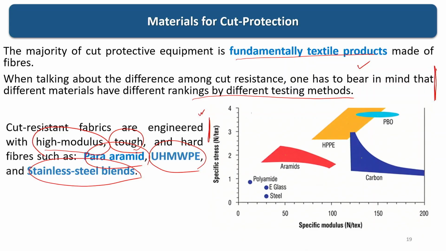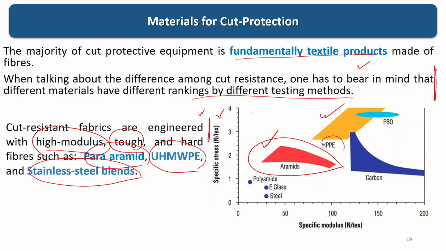Now, if you see the properties, the specific stress of different types of materials, aramid fibers have very high specific stress, and so does high performance polyethylene like ultra high molecular weight polyethylene.